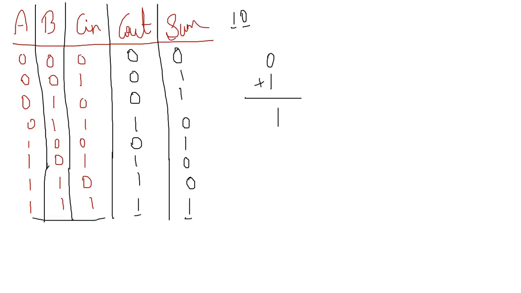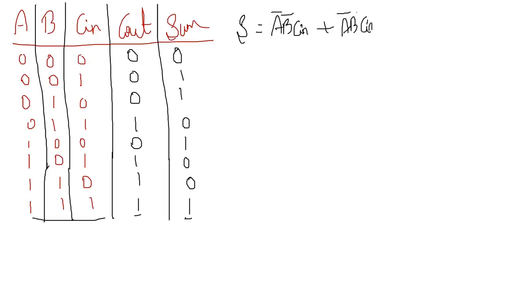Okay, so let me write the equation for sum. Let me erase it. Equation for sum: S is equal to A bar B bar C in plus A bar B C in bar.